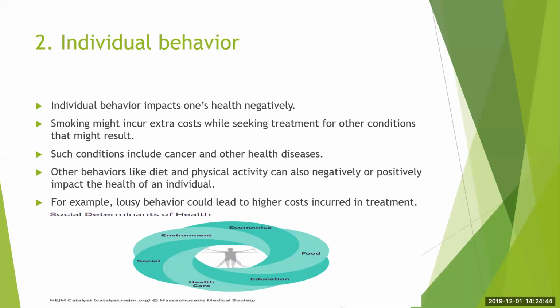Other behavior like diet and physical activity can also negatively or positively impact the health of an individual. For example, lousy behavior could lead to higher costs incurred in treatment.